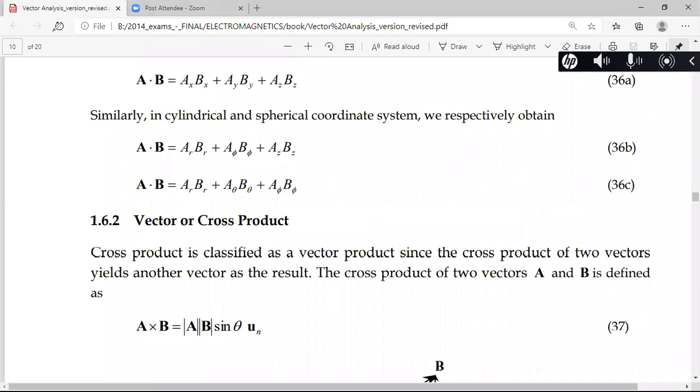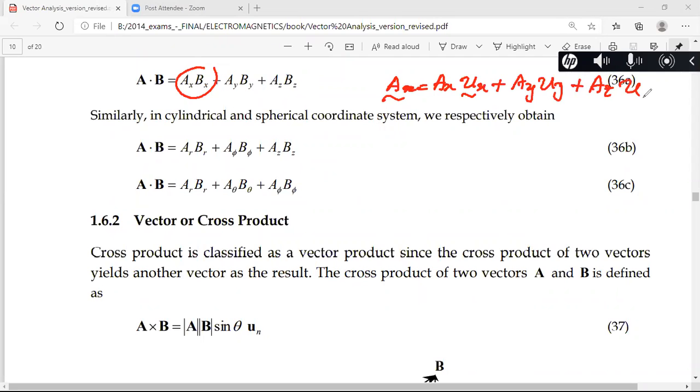Therefore, if you take the dot product between vectors A and B, your result becomes something like that. A is AX UX plus AY UY plus AZ UZ, something like that.